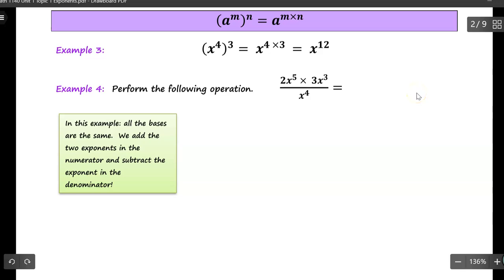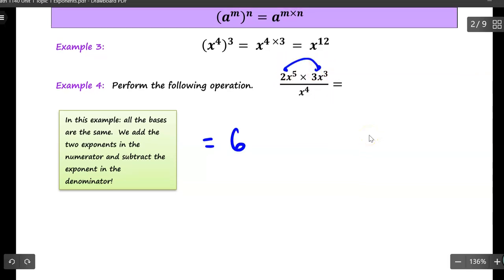So what you do is multiply 2 by 3 first, because right here is a multiplication. You just multiply the two coefficients. 2 times 3 gives you 6.